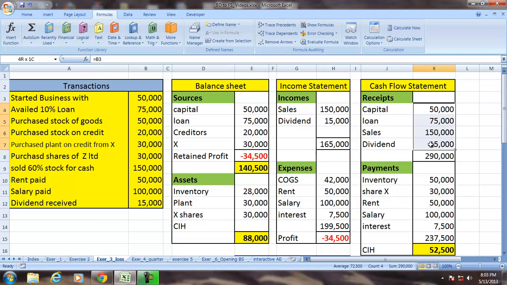The cash in hand is cash available 290 minus cash payments 237, so cash in hand is 52,500.